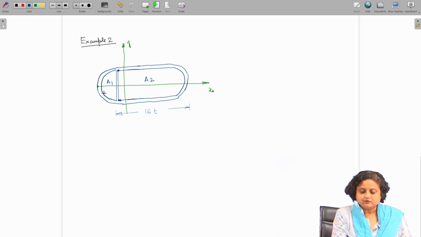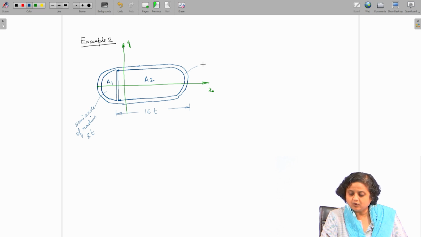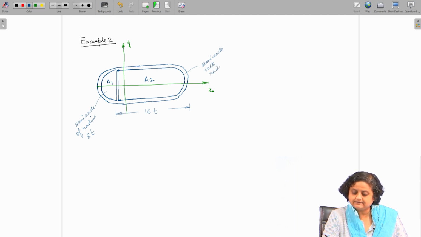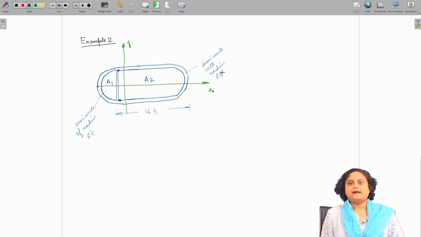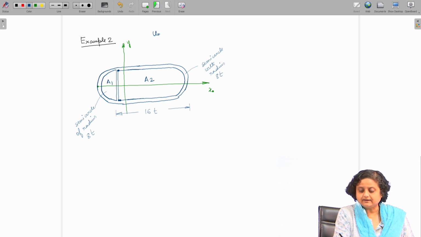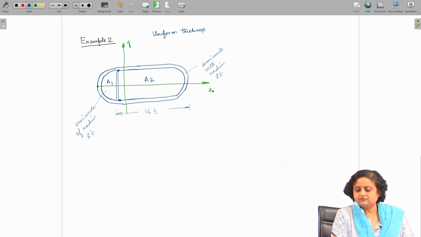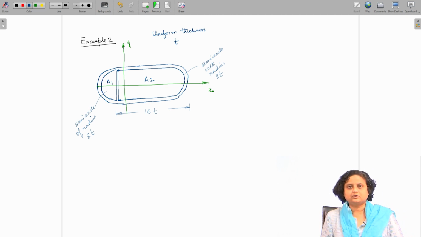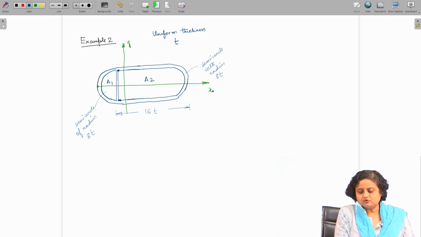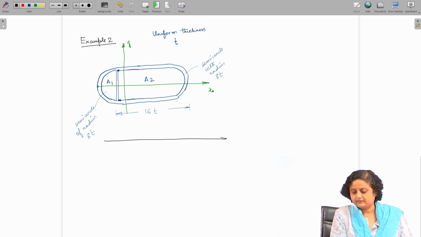So, this is 16 T. This is a semicircle of radius 8 T. This portion is also the same semicircle with radius 8 T, and the entire cross section has a uniform thickness T. So, the thickness is uniform throughout the cross section and is given as T. Now, if I draw the deformed shape of the membrane, I can draw it in this form.